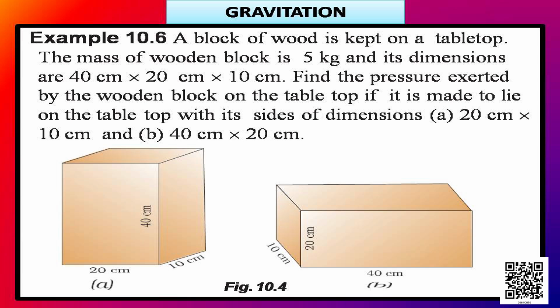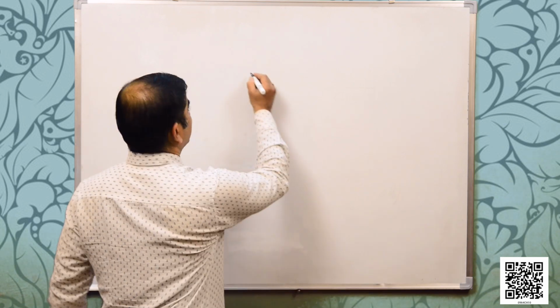So, students, let us discuss the solution. The mass of the wooden block is given as 5 kg, and the dimensions are 40 centimeter into 20 centimeter into 10 centimeter. Here the weight of the wooden block applies a thrust on the tabletop, that is, thrust is equal to force, that means mass into acceleration due to gravity.